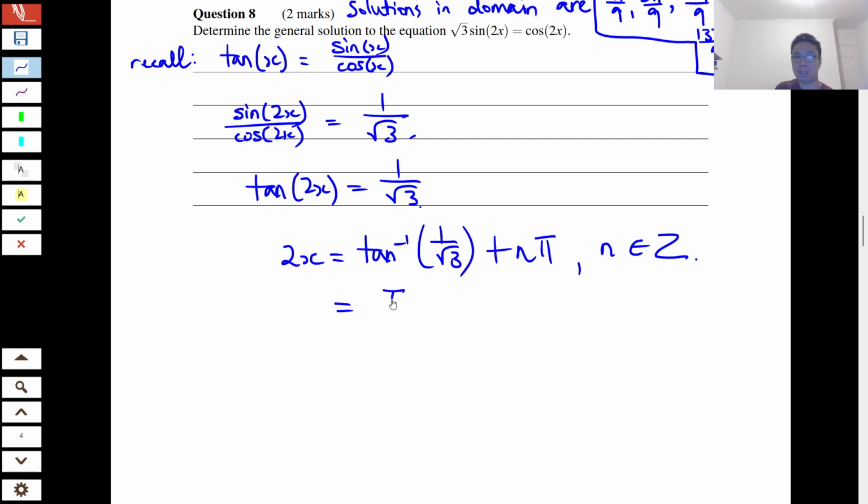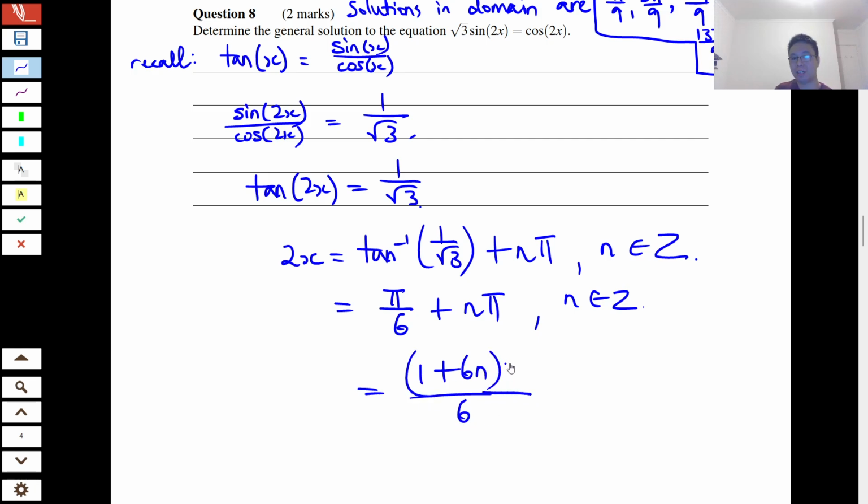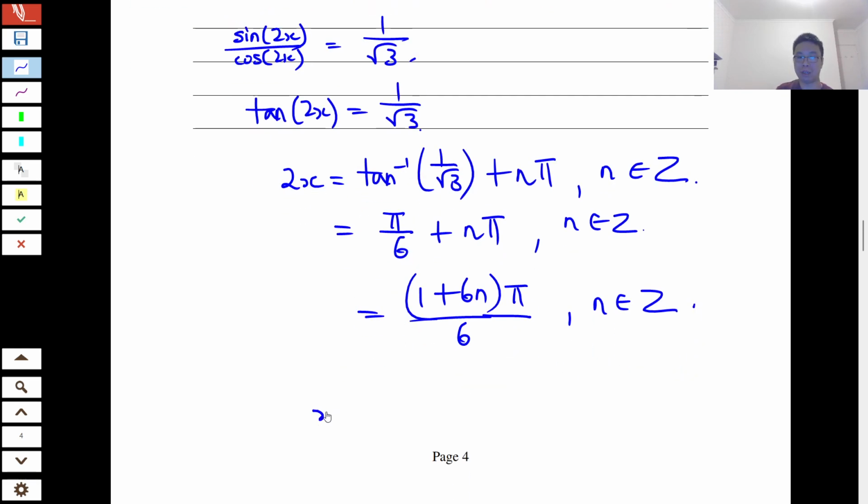So that's going to be pi on 6 plus n pi, or 1 plus 6n divided by 6 times pi. And now I divide everything by 2 to get my general solution, 1 plus 6n pi divided by 12.